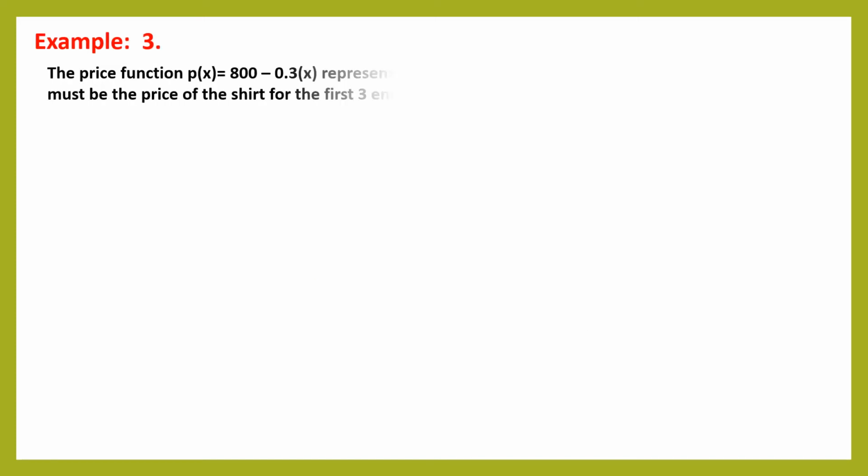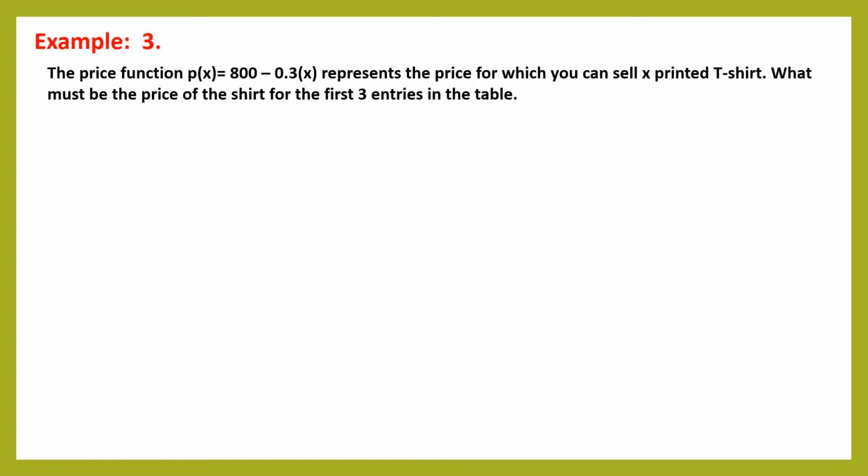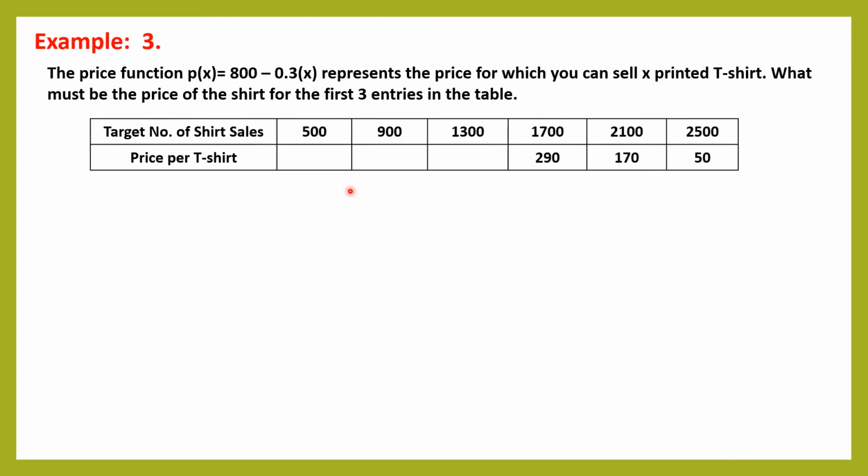Let's have your number 3. Example, the price function P of x is equal to 800 minus 0.3x represents the price for which you can sell x printed t-shirts. What must be the price of the shirt for the first 3 entries in the table? So, let's have here the table.